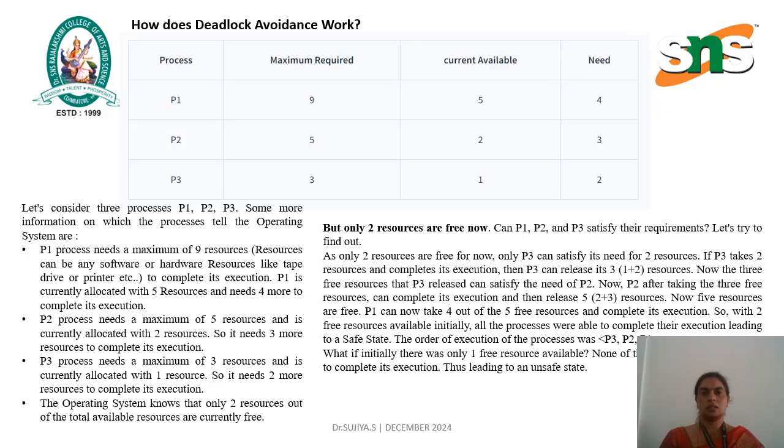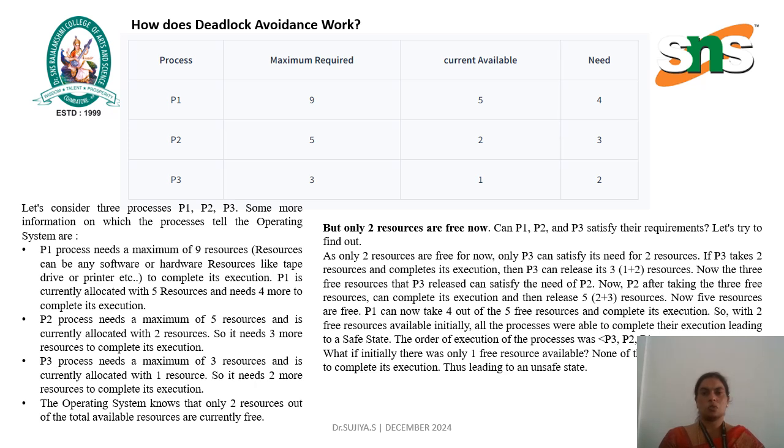Here, how does deadlock avoidance work? Here we have three processes, process P1, process P2, process P3. The maximum required for P1 is 9, the maximum required for P2 is 5, and for P3 it is 3. The currently allocated for process 1 is 5, process 2 is 3, and process 3 is 1.